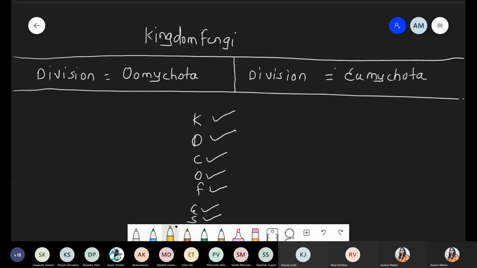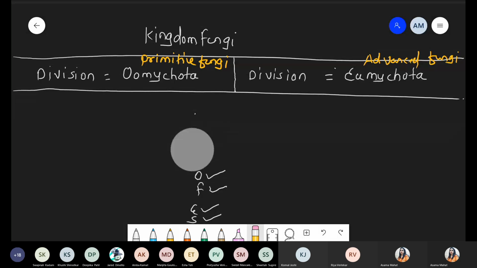When we are using the Myxo, it means that we are talking about primitive fungi. And when we are using the Eu, it means that we are talking about advanced fungi. Okay. So first part kingdom. After the kingdom, there are two divisions, Myxomycota, and the another one that is Eumycota.